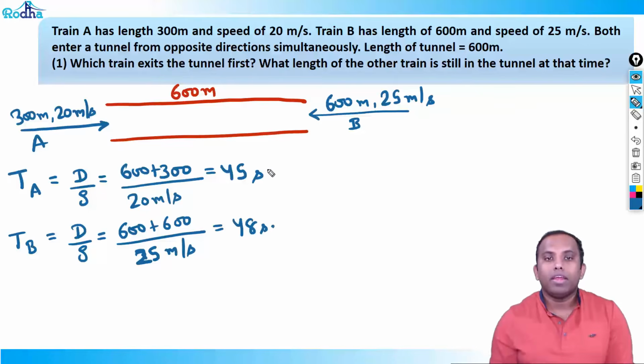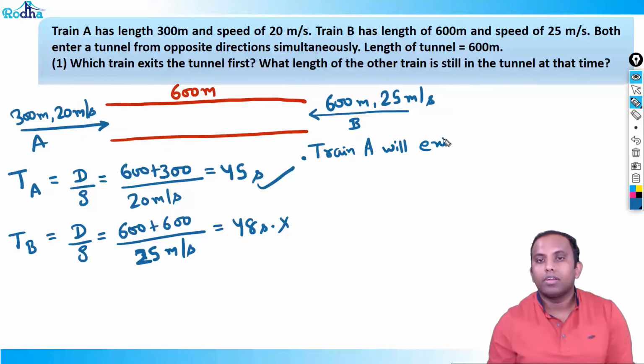That means train A is completely crossing the tunnel in 45 seconds, and train B takes 48 seconds to do it, right? That means train A will exit the tunnel first.